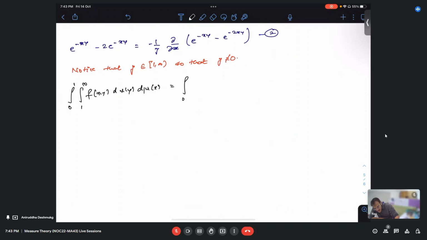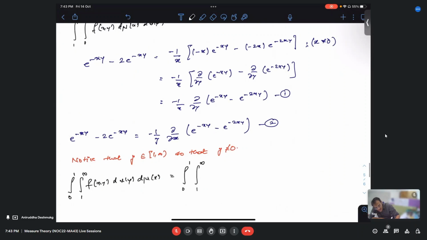This is equal to, let us see what it is. First I want to integrate with respect to y, so let me use equation 1 here. So it is minus 1 over x del by del y e to the power minus xy minus e to the power minus 2xy d nu y d mu x.